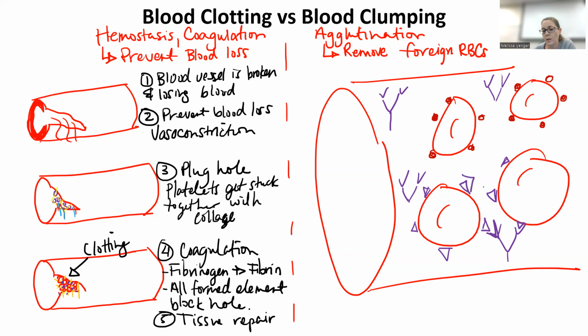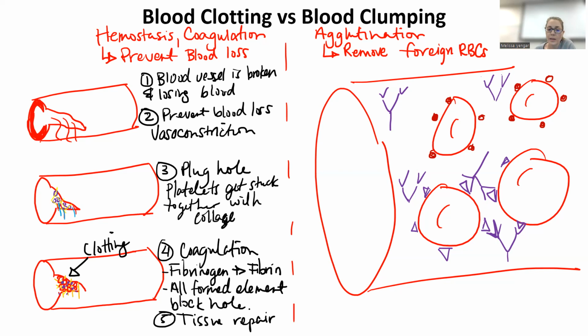You're going to have more antibodies coming into the area. They're going to attach together, and they attach all these cells together. Basically, they're going to cluster or clump them together. And when they do, that creates a clump in the blood vessel. That clump is also going to prevent blood from moving.